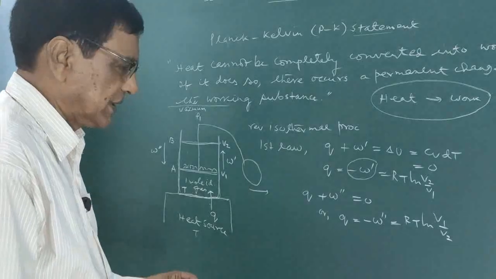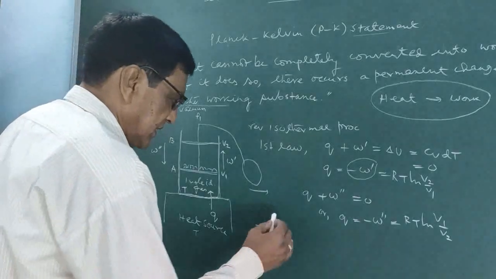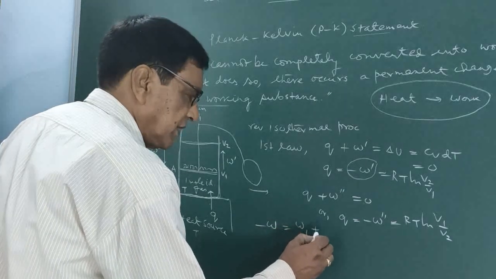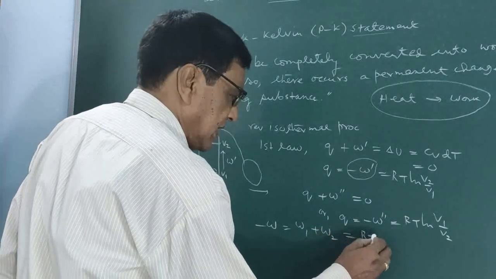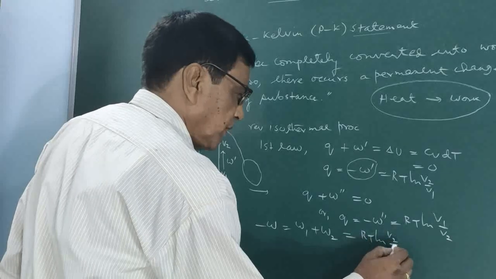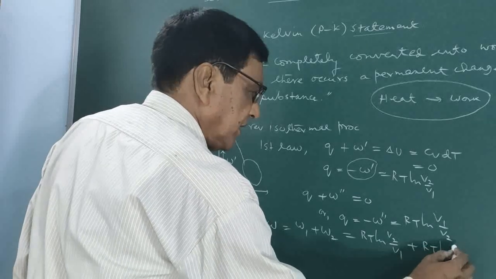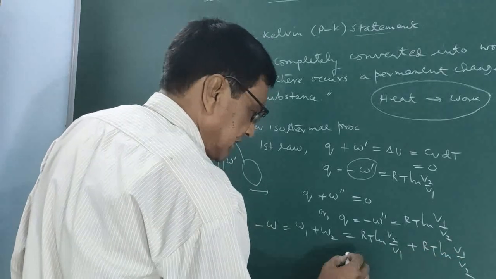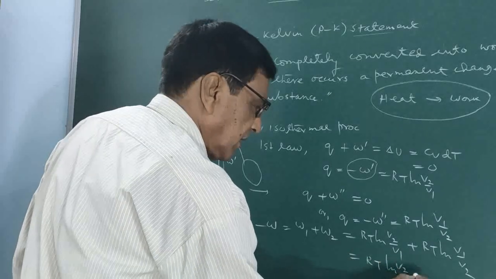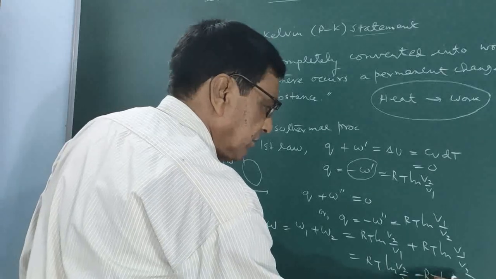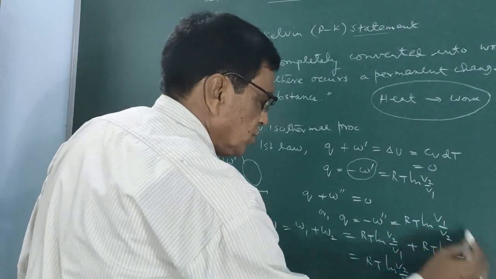And so the total work done by this engine will be W1 plus W2, which is RT ln V2 by V1 plus RT ln V1 by V2, and this is again RT ln V2 by V1 minus RT ln V2 by V1, by taking this upside down, and this equals 0.